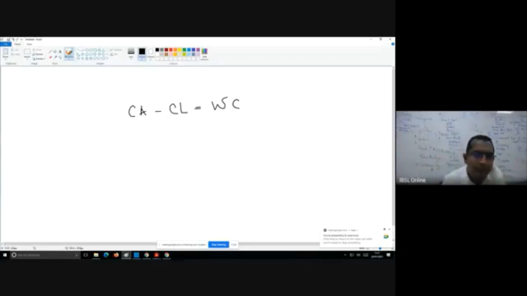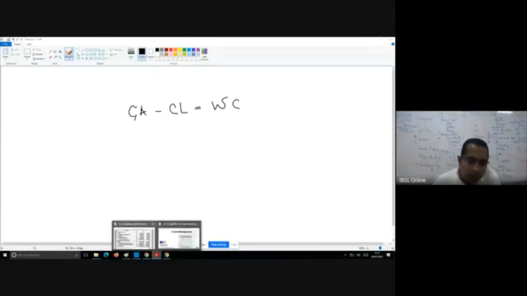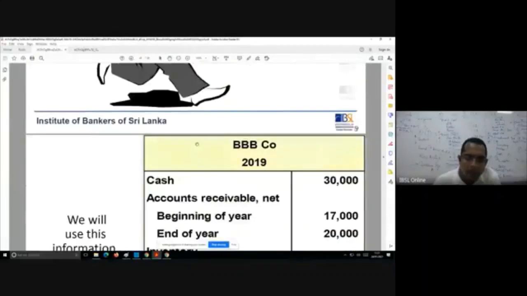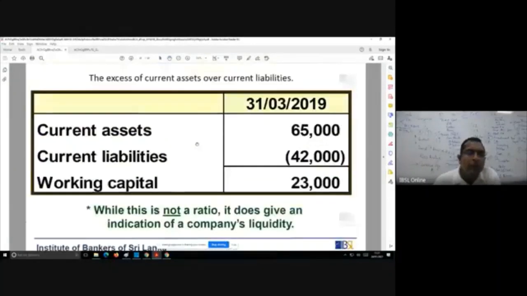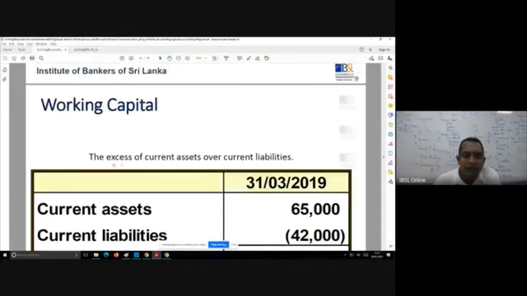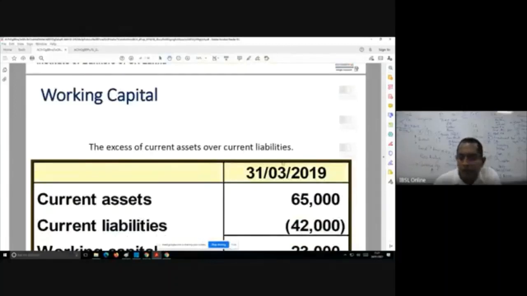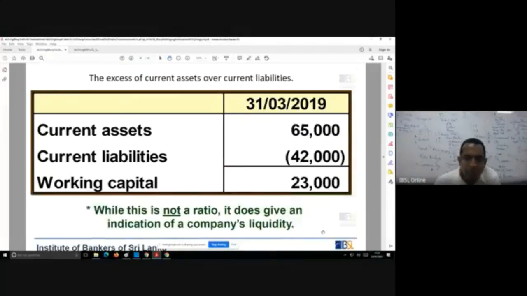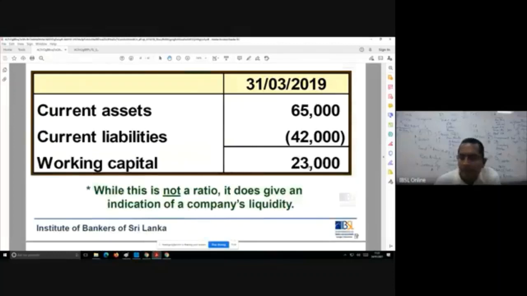This comes as a rupee value. Go to the handout. Working capital is the excess of current assets over current liabilities. Current assets is 85,000 and current liabilities 42,000, so working capital is 23,000. It gives us figures. It is the liquidity position we have.